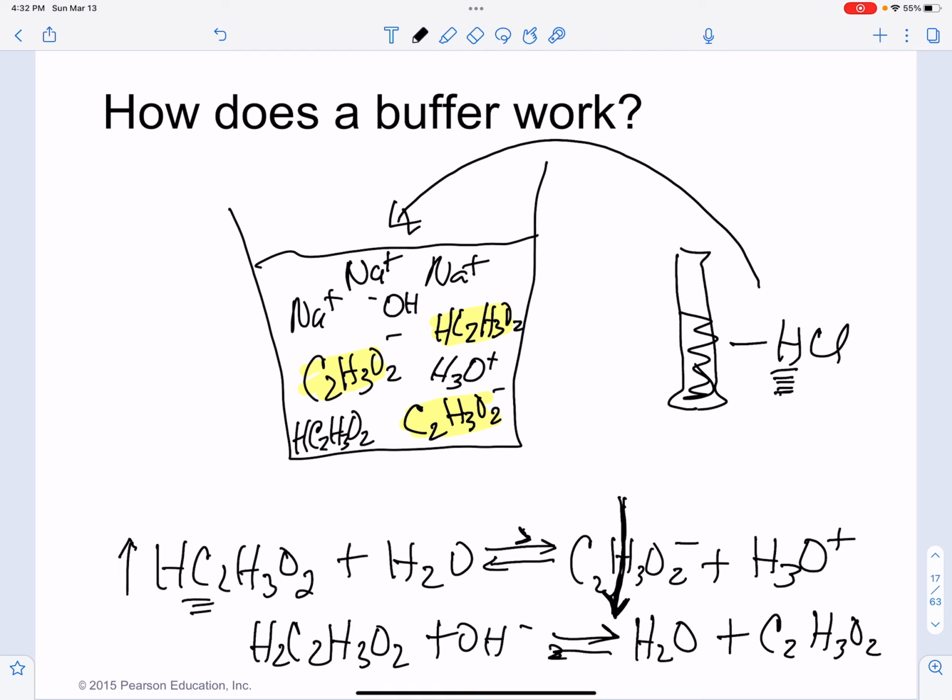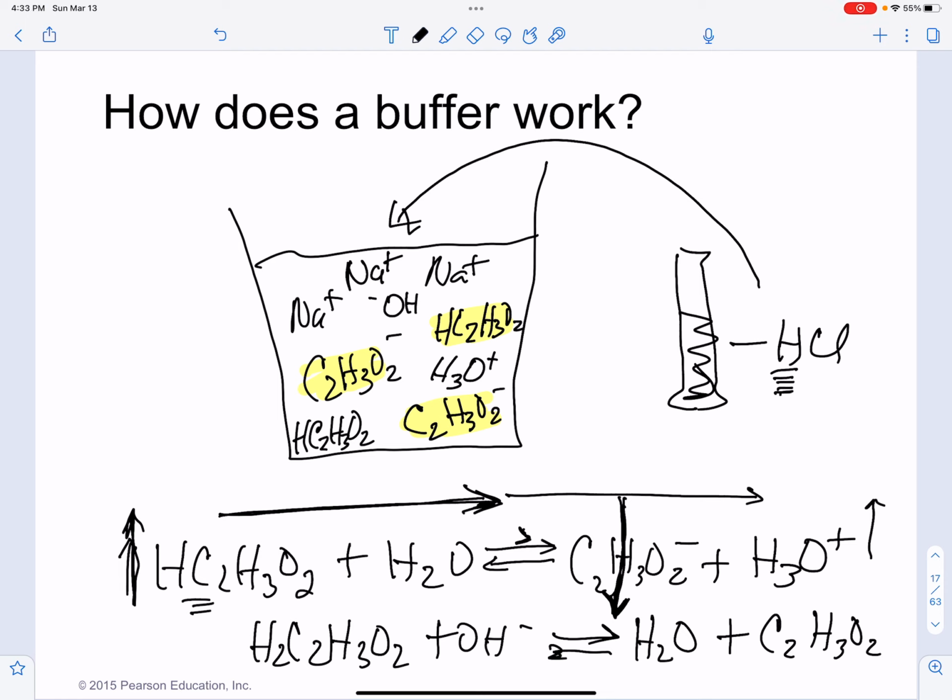And when you do that, that will increase the acetic acid, because you are making acetic acid out of the acetate and the HCl, and that will cause the equilibrium to go that way. So when this came down, the pH, the hydronium was consumed, and that will force it to bring the hydronium back that way.